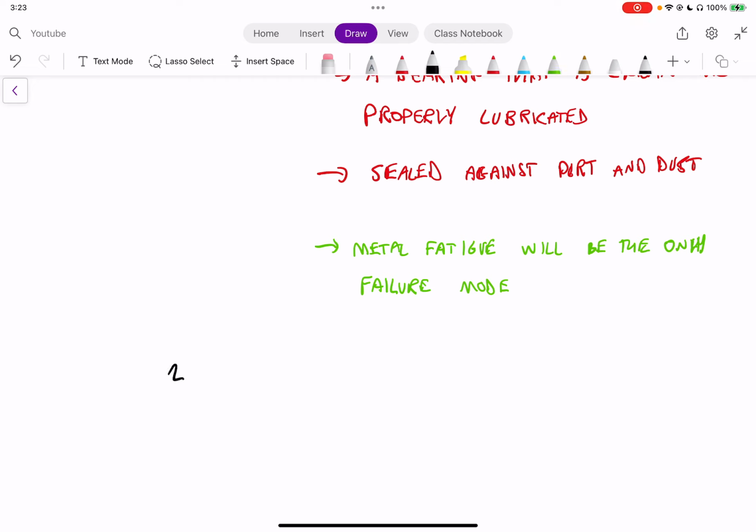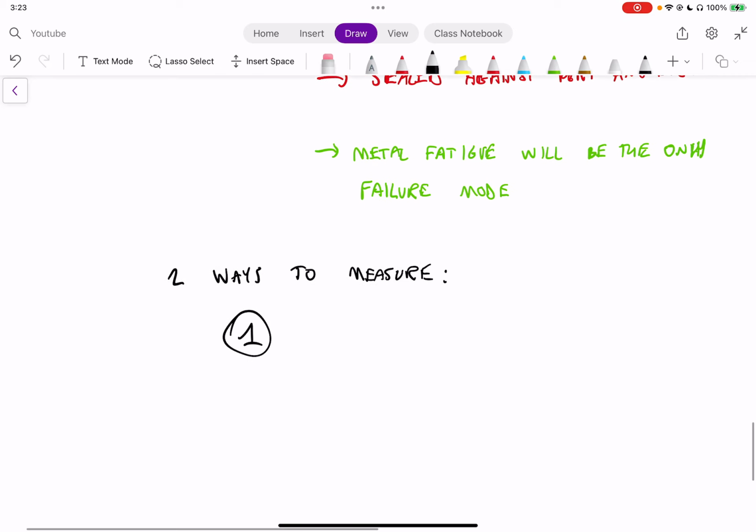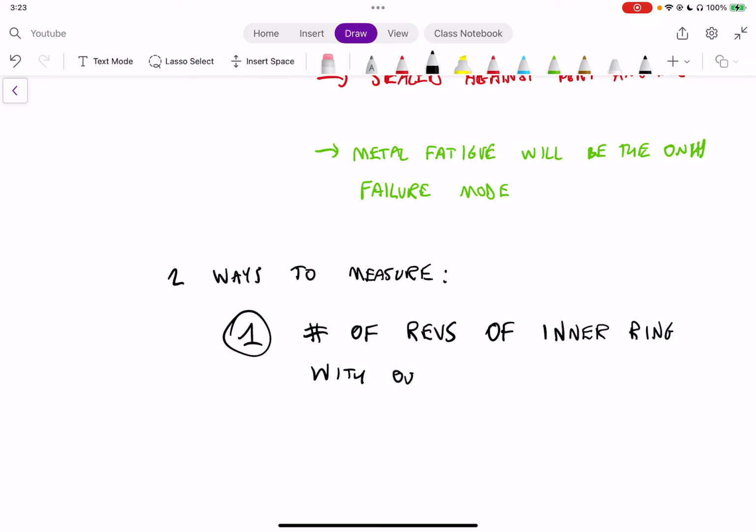So two ways to measure, and the two different ways in which we can measure is, number one, we're going to look at the number of revolutions, and I'll put number of revs, of the inner ring with the outer ring stationary.